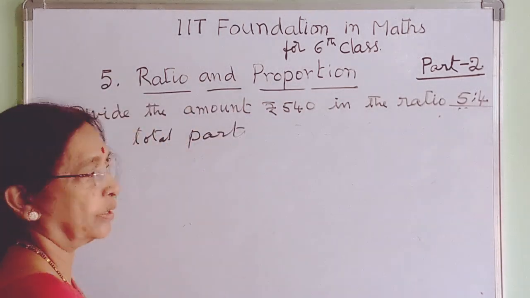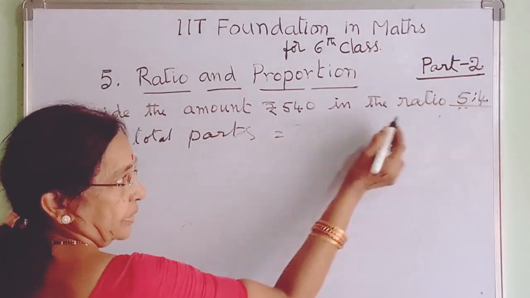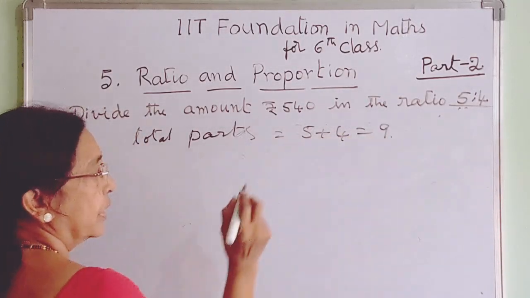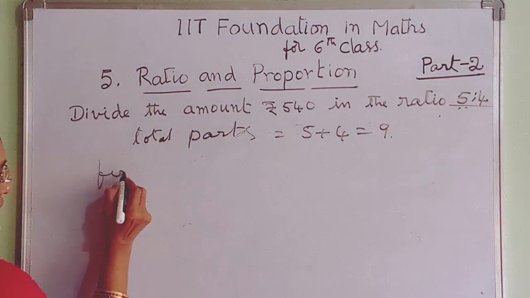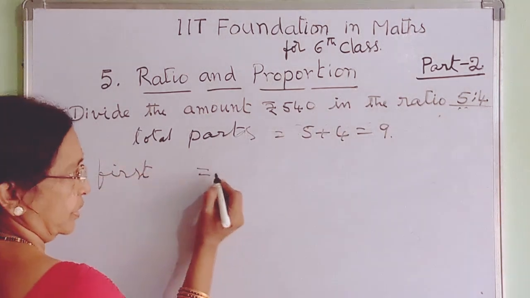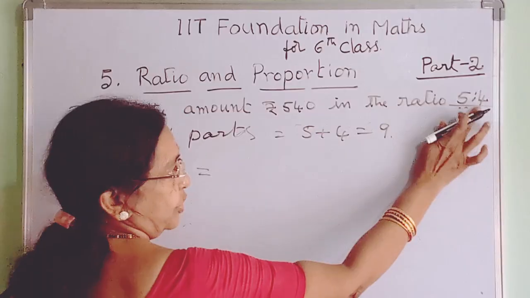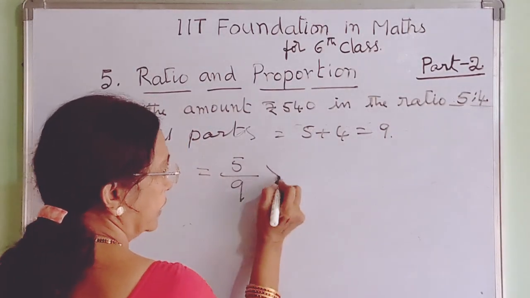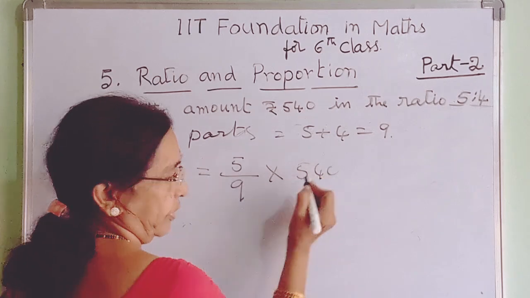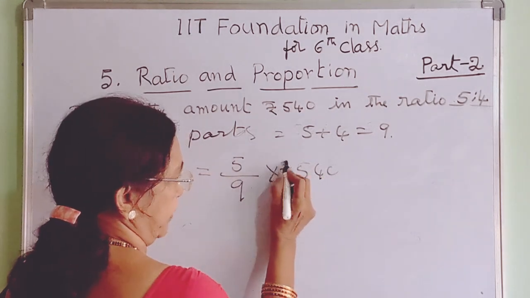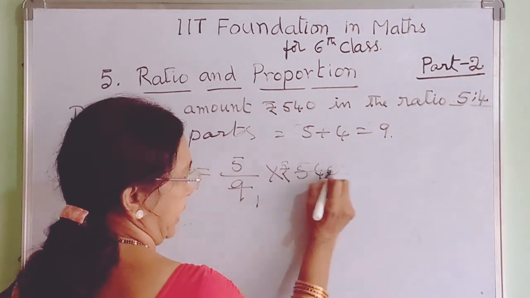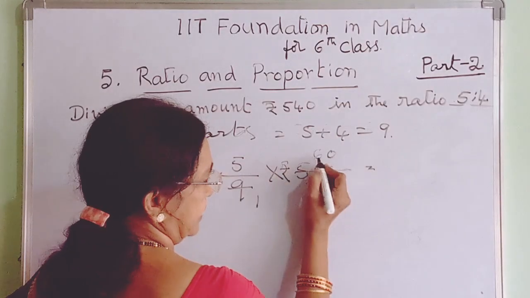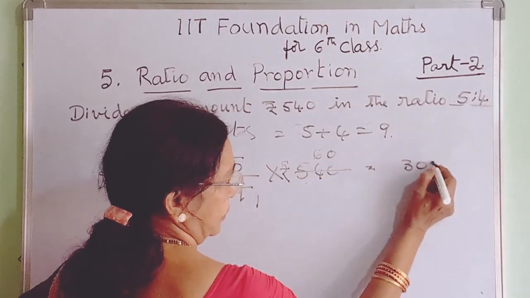So second method, the total parts means the sum of the parts of the ratio, 5 plus 4 is equal to 9. So first share or first part: in the ratio the first term is 5, therefore 5 by total parts into amount 540. This is in rupees. So 9 ones 9, 6, 54, 0. 5 fours 5, 6, 30, 0.